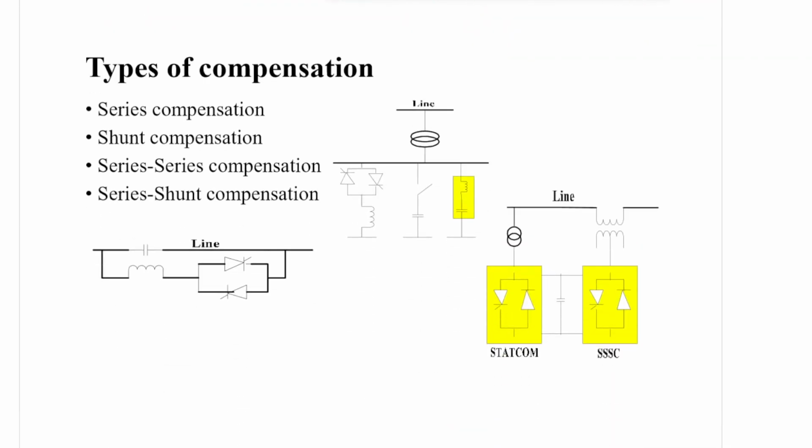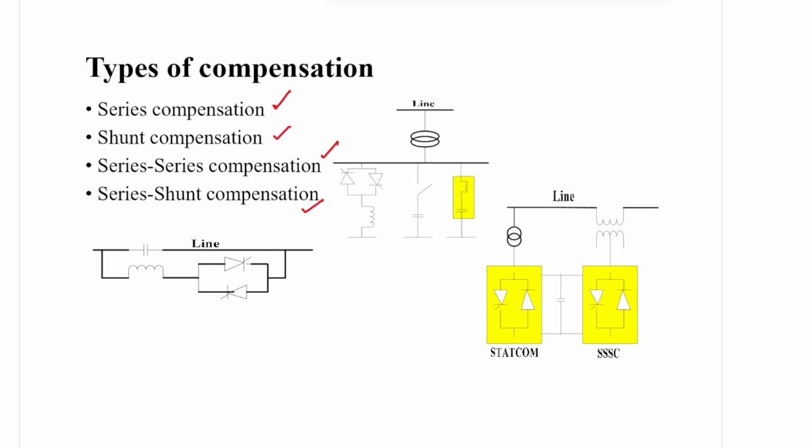So there are fundamentally or primarily 4 types of compensation. We have series compensation, then we have shunt compensation, and we have series-shunt compensation.